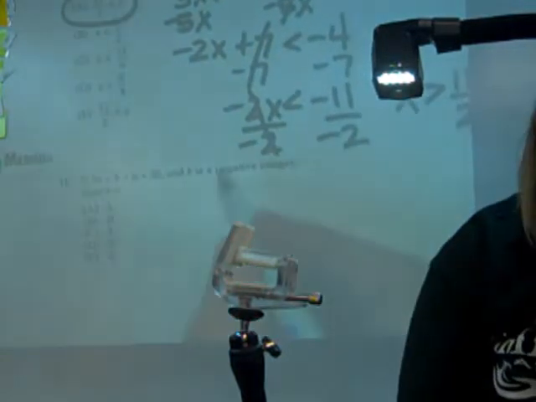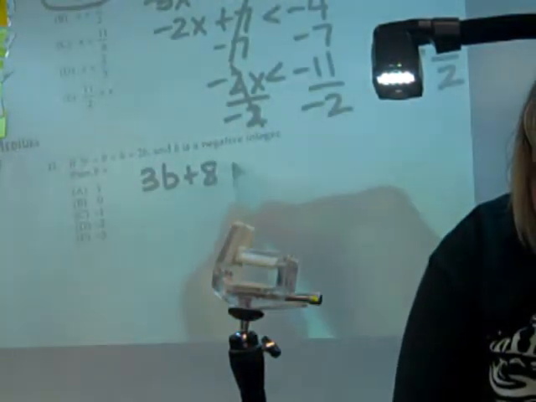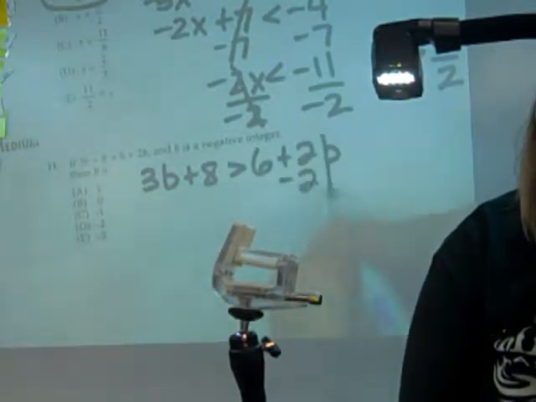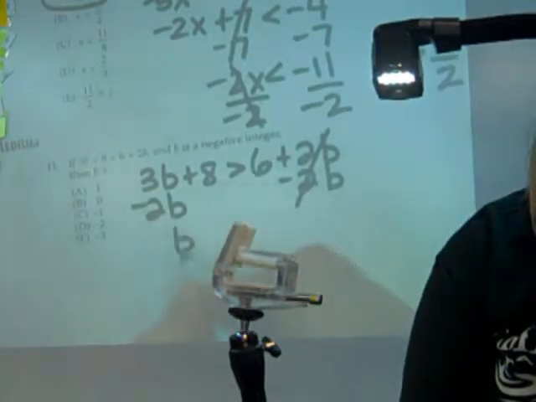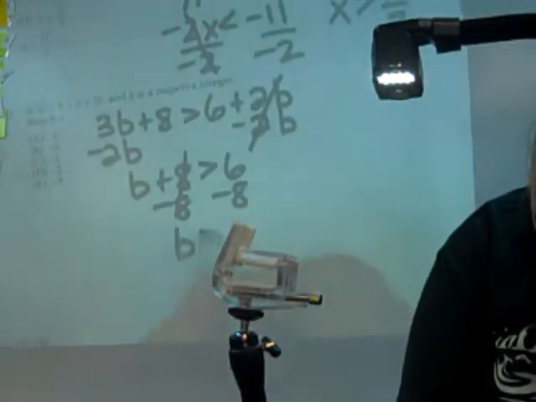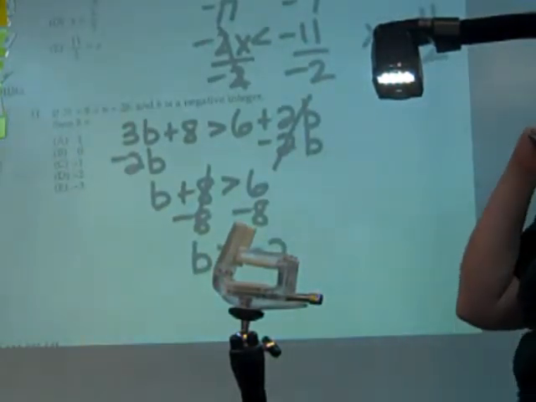Okay. The next one. If you get the b's together, 3b minus 2b is 1b. And then you subtract 8 from both sides. And then it said b is a negative integer.